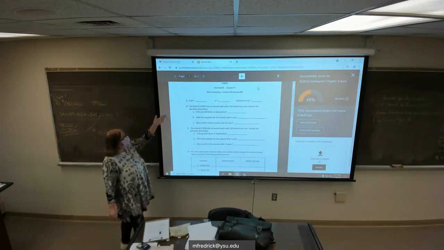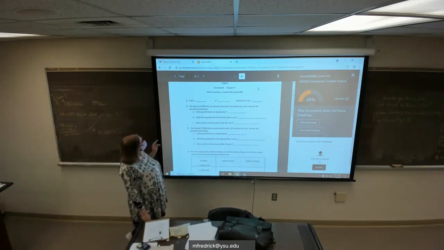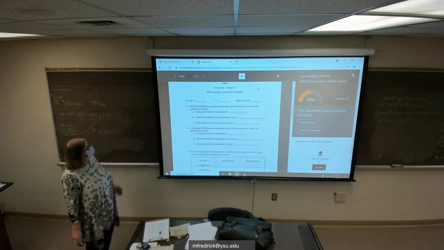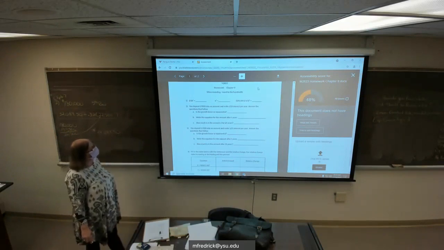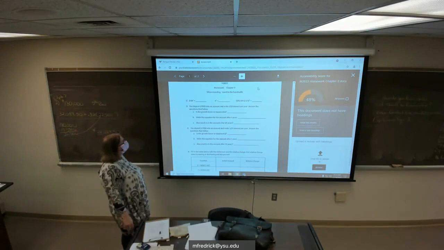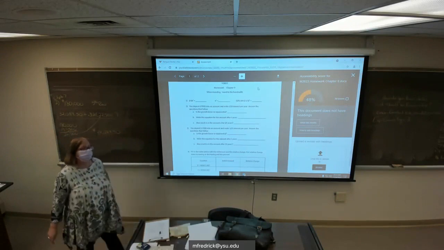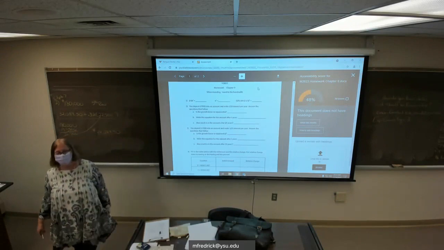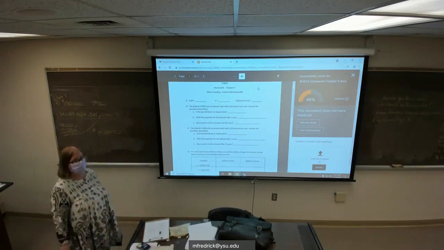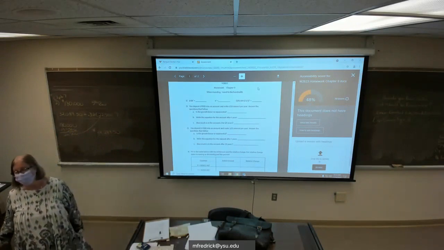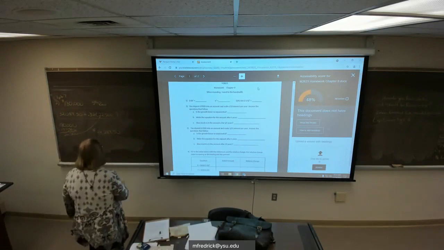So if we read number 2, deposits $7,000 into an account and makes $50 interest per year. Is it linear or exponential if you're making $50 a year? Not a percent, it's the same amount every time, so linear.